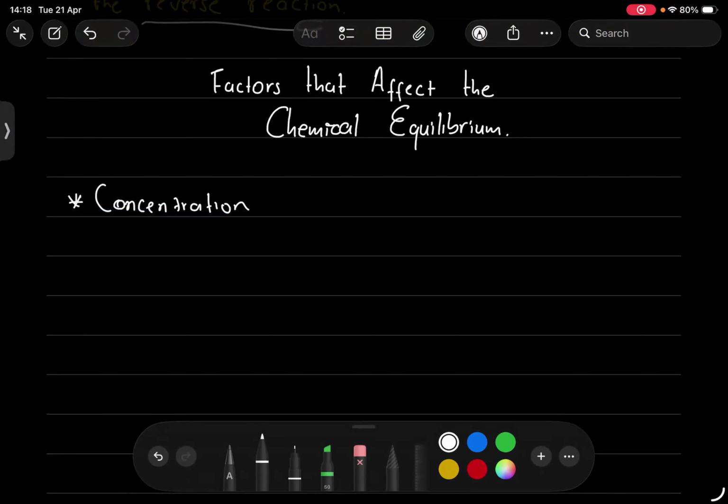When you add to the concentration, what is happening and how is the graph behaving? You get what I'm trying to say?